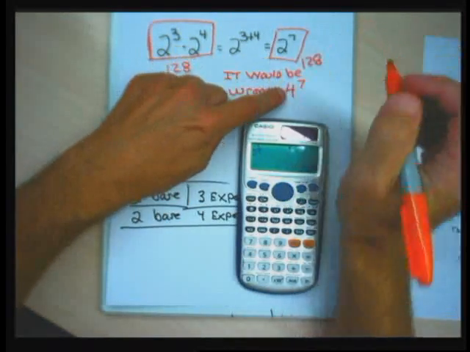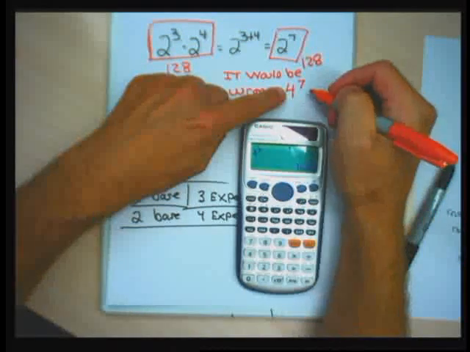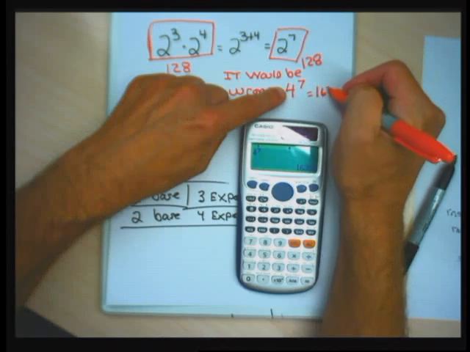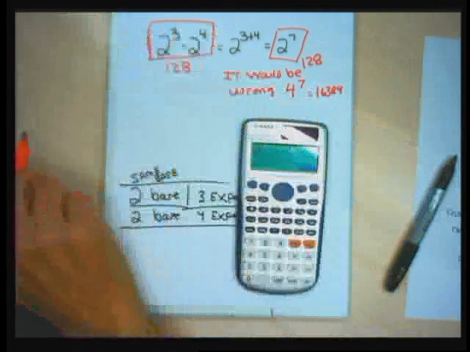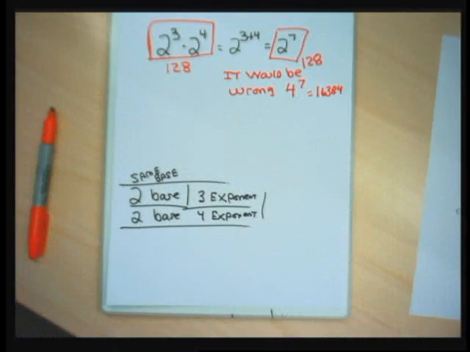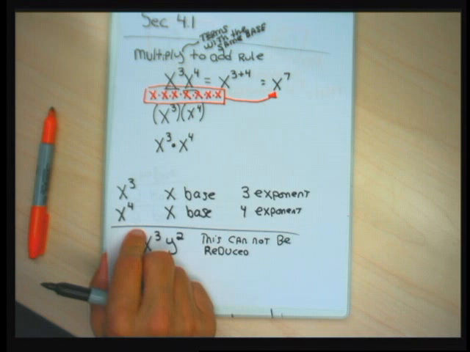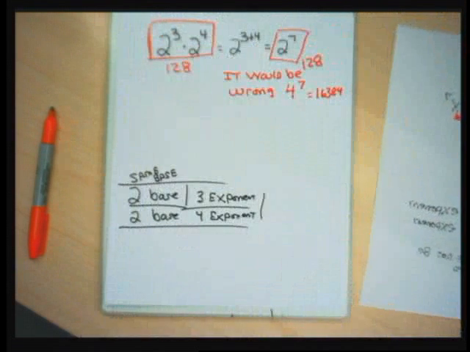And the wrong answer, 4 to the 7th power, doesn't equal 128, it's not even close, it's way wrong. So the important thing about multiplying terms with the same base is that you're not really multiplying, you're adding the exponents.